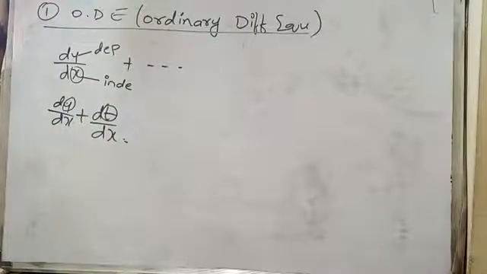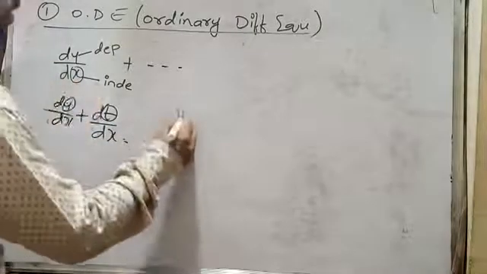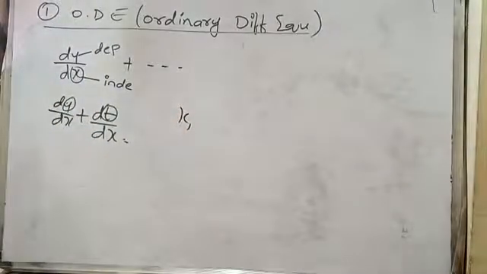But at the same time, it should be differentiated with respect to the independent variable only. If you consider x as the independent variable, only x should be there and it should be differentiated with respect to x. Then we can say that this type of function is called an ordinary differential equation.